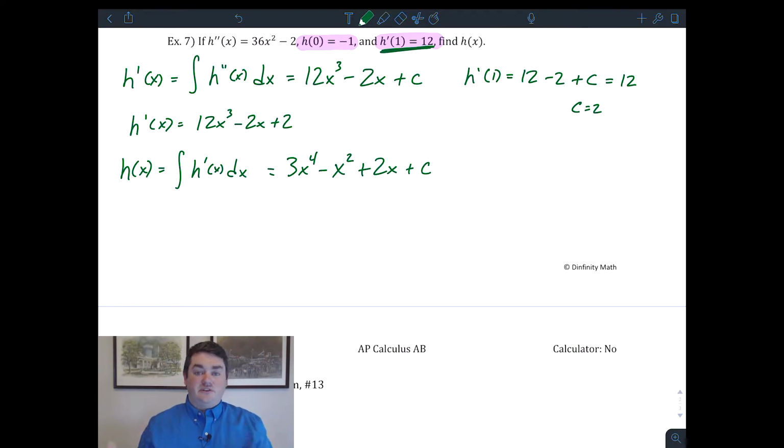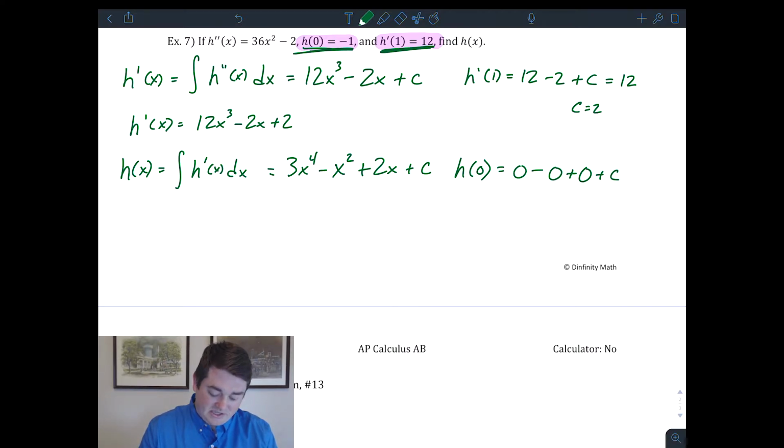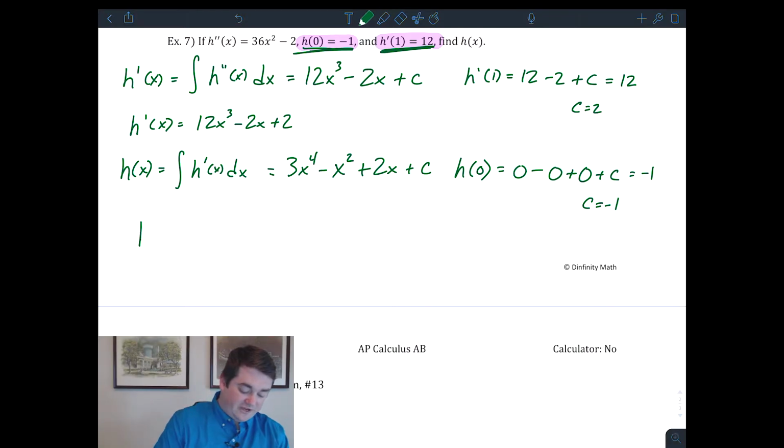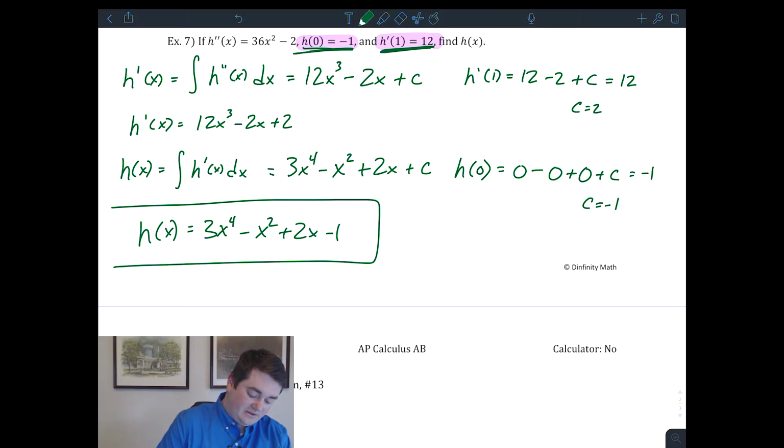And again I'm going to solve for this plus c using my initial condition that h of 0 is negative 1. So h of 0 would be 0 minus 0 plus 0 plus c equals negative 1. Well, that's easy. C equals negative 1. So my final answer, h of x, is 3x to the fourth minus x squared plus 2x minus 1.